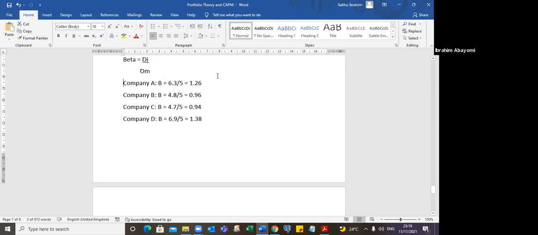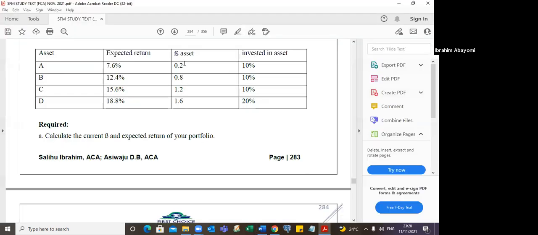One investment cannot be called a portfolio. A portfolio is more than one investment; it starts from 2. So if the question says compute the beta of a portfolio, it's not the beta of the investment. The beta of the individual security has already been given to you, so they cannot ask you to compute that same beta again.